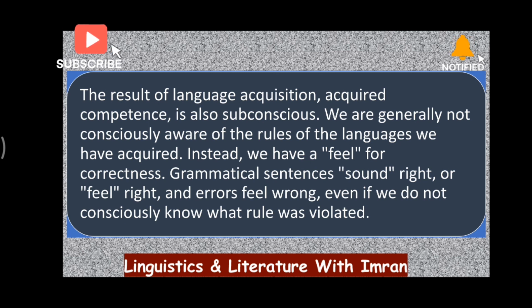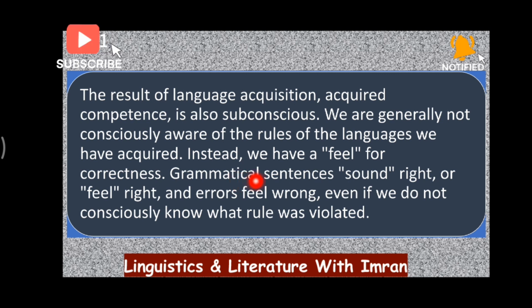If you ask a child who uses their first language how they construct a sentence, where is the subject, where is the verb, where is the object, where is the preposition, where is the conjunction, a child may not tell you, or even an adult may not tell you how they construct a sentence. They have competence, but they are not aware of the rules.